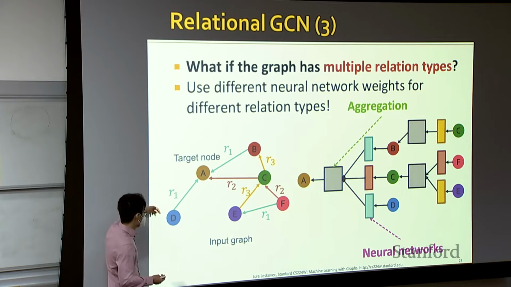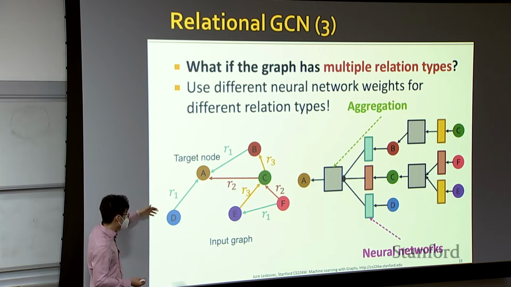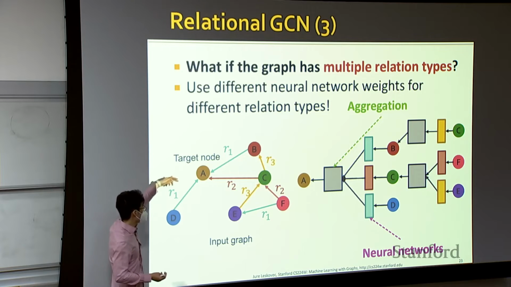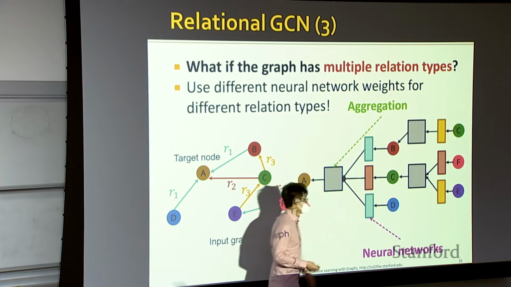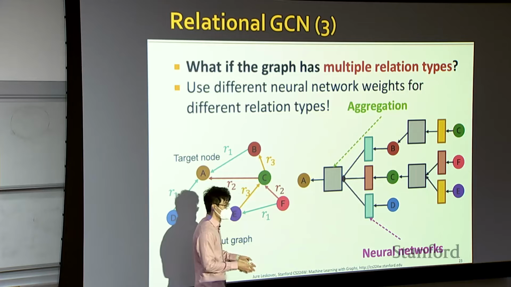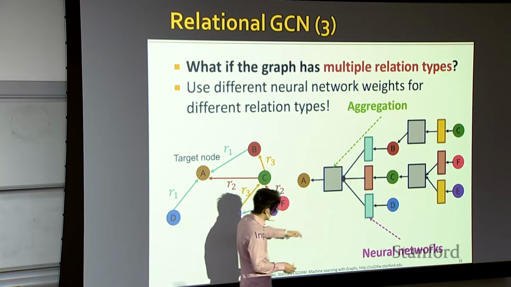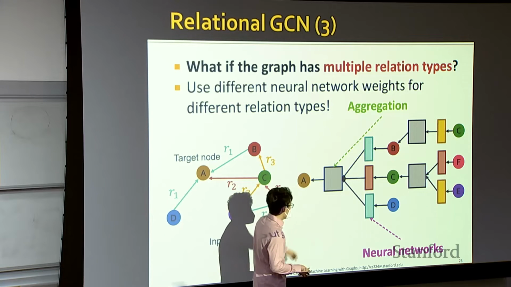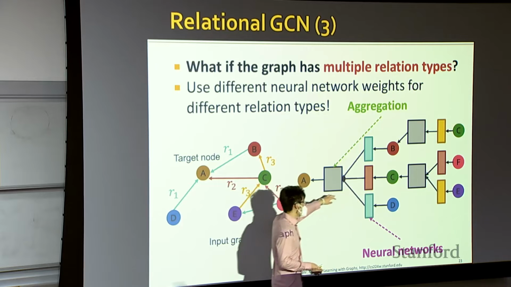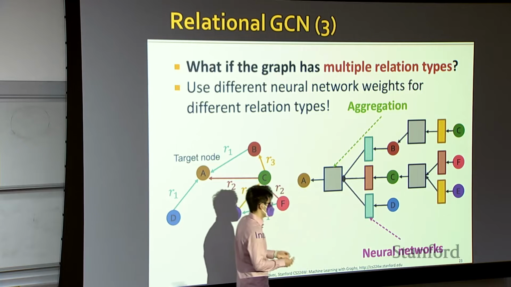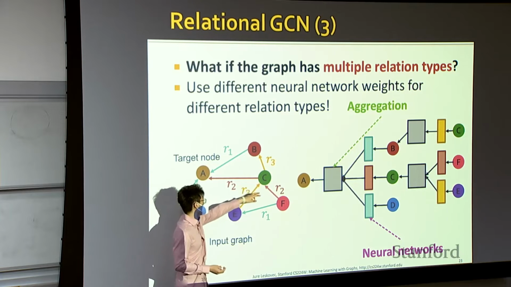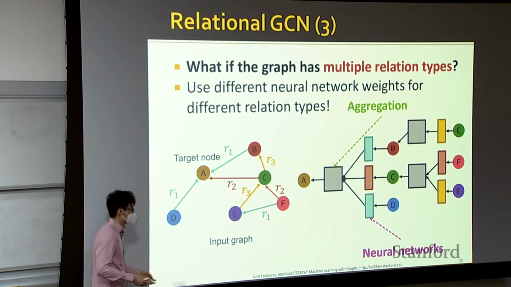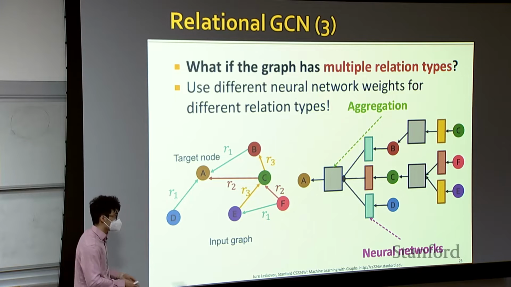Because we know the edge or the relation from node D to A is this blue R1 relation type, in this computational graph we also make sure to use this blue weight to represent this particular relation type. And for example, here, A and C is transformed using this red weight, and we can see that the edge from C to A is indeed this red type of edge, R2.